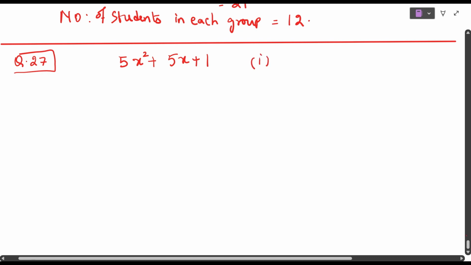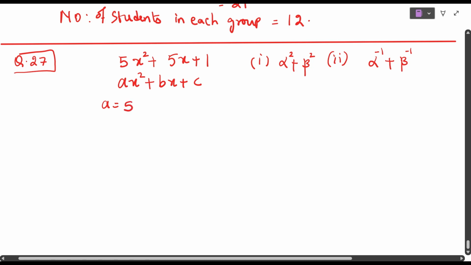Number 27 students, we have to find. In the first part you have to find alpha square plus beta square, and in the second part we have to find alpha to the power minus 1 plus beta to the power minus 1. So first we know our standard equation is ax square plus bx plus c. So what is the value of a?